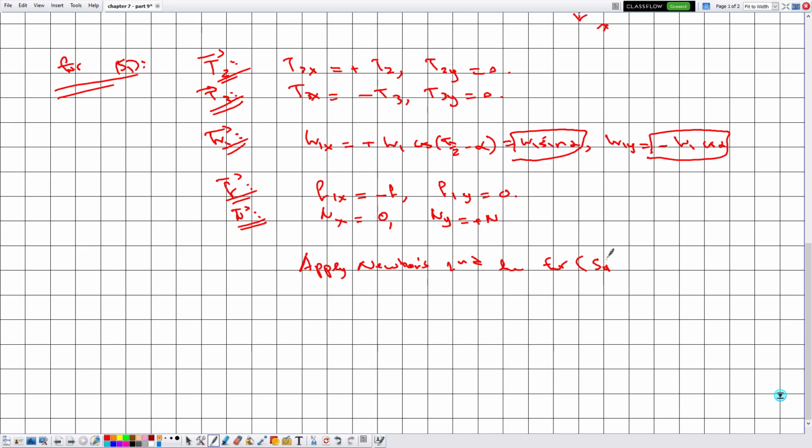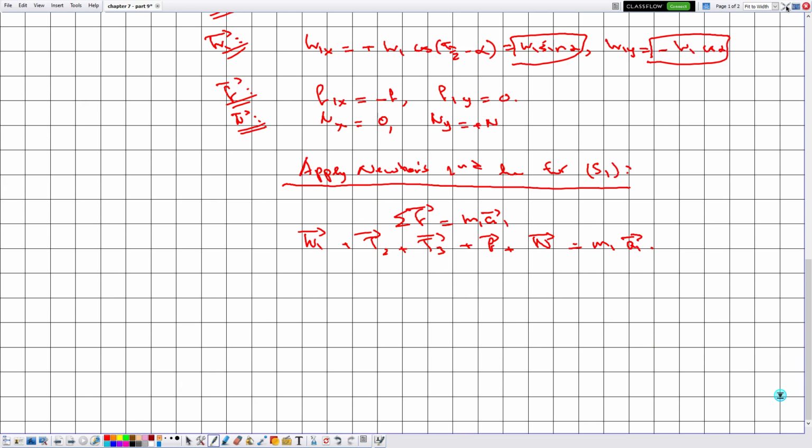For S1, we have that the sum of forces is equal to M1A1. We have W1 plus T2 plus T3 plus F plus N is equal to M1A1.